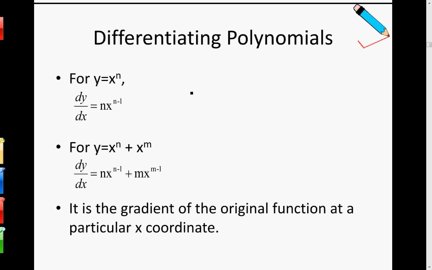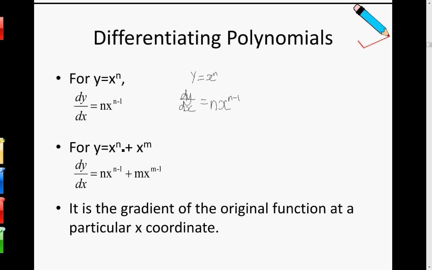So I repeat, the dy/dx would just be multiplying by the previous power followed by reducing the power by 1. So if y equals x to the power of n, then dy/dx is just, initially the coefficient over here is 1. So now I multiply n in, I get n x, and the new power would just be the old power minus 1.